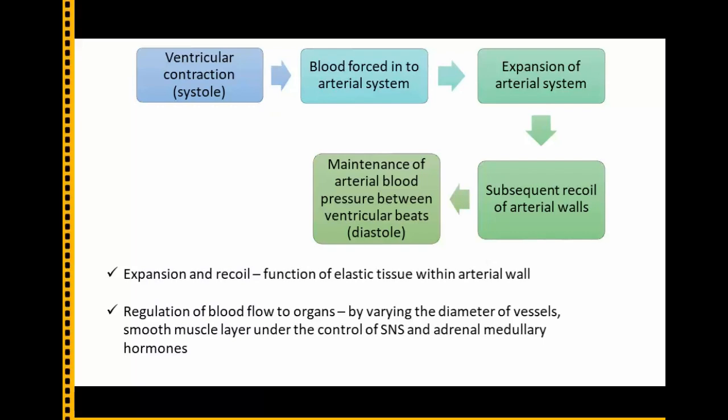That is done by varying the diameter of vessels. Arteries can slightly change their diameters by the smooth muscle layer under the control of the sympathetic nervous system and adrenal medullary hormones. By those two, they can regulate from time to time how much blood should be pumped into a specific organ.